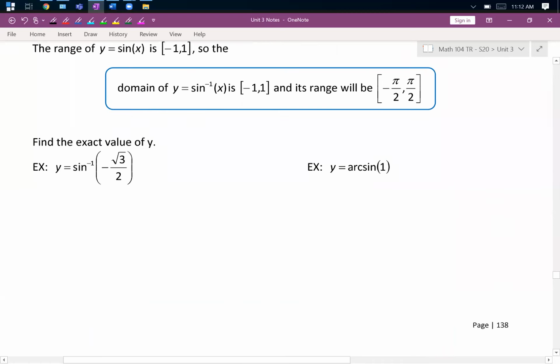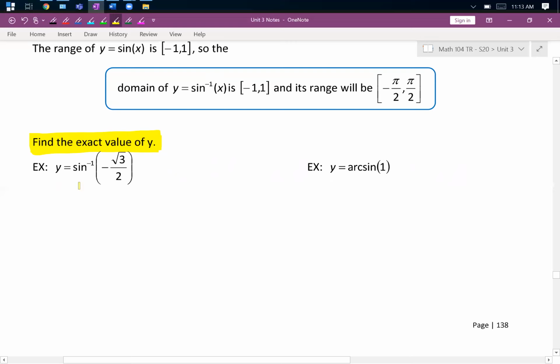So we want to find the exact value of y. And I want you to note the directions, because sometimes people, as we progress here, have issues when they're taking quizzes and exams on when they are using the pure definition of inverse and when they are using everything on the unit circle. When the directions are find the exact value of y, and they don't say on the interval 0 to 2 pi, this is where we're using the traditional inverse definition.